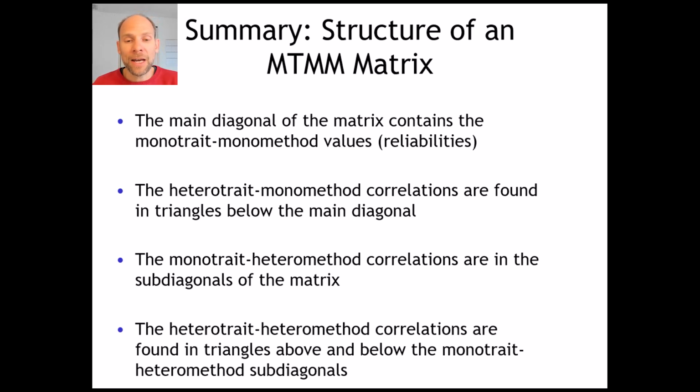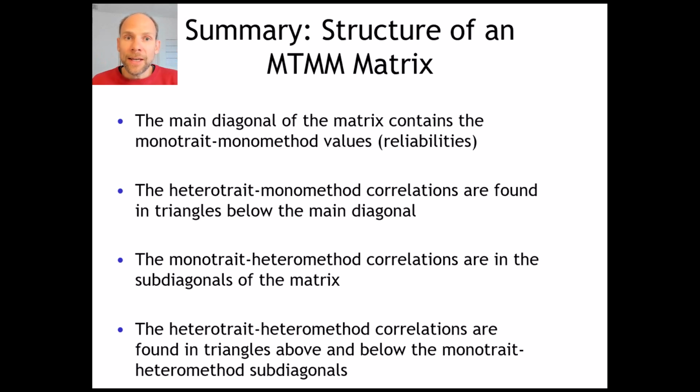And finally, we have the heterotrait heteromethod correlations in the triangles above and below the monotrait heteromethod subdiagonals, and those serve as a baseline condition for comparing the convergent validity coefficients and also as an indicator of discriminant validity.